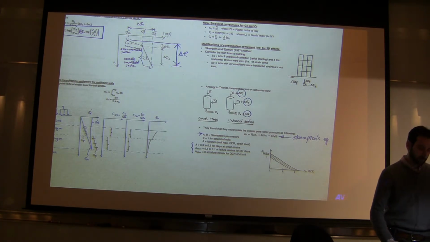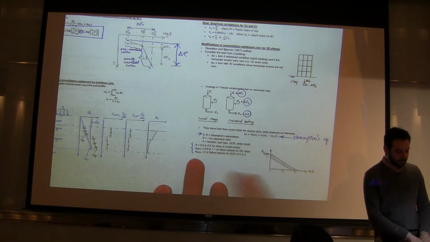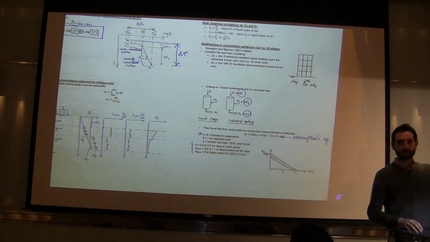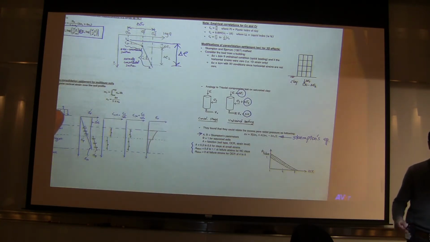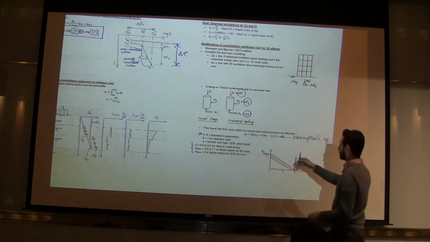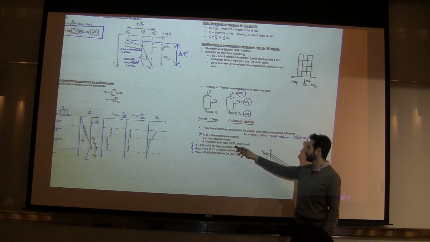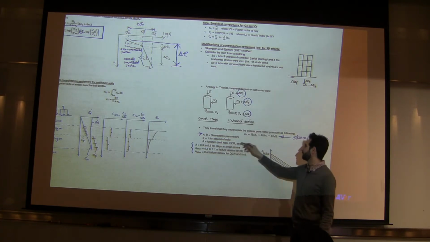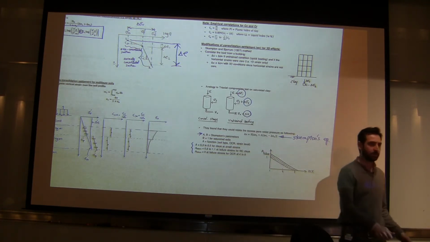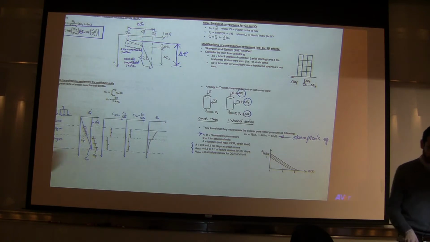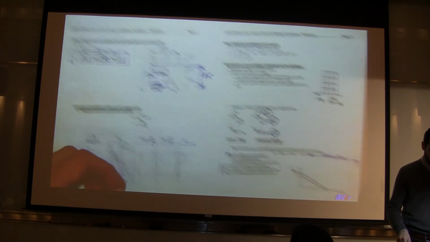Why it ranges like that, let's leave that aside, let's not worry about it. But we basically have A and B in this equation now. B is 1 if we're saturated, and A is one of these values depending on whether it's NC clay or OC clay, or whether you're evaluating at small strains or at failure.